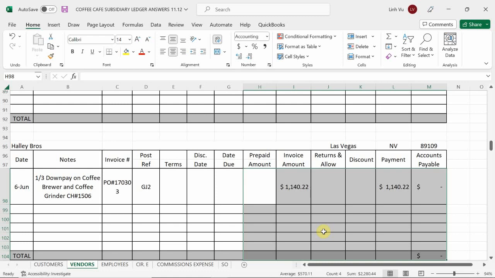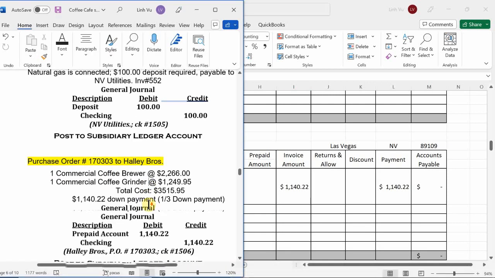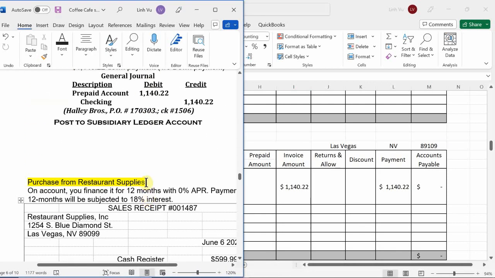When I do receive the bill, I'll show you how to apply that down payment afterwards. Now that I got my transaction through my subsidiary ledger, let's go ahead and compute the next transaction.